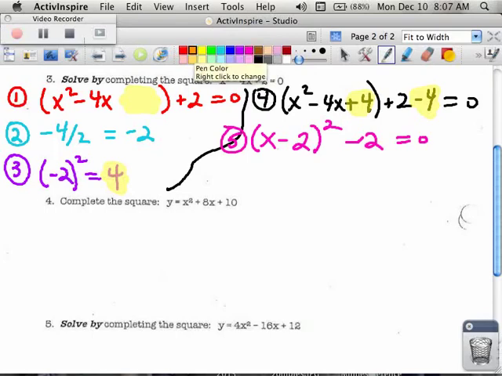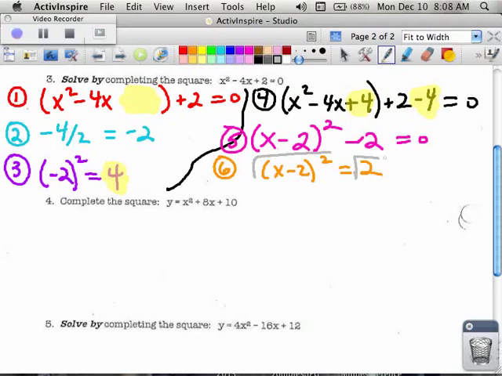Next step, step number 6, if we're going to solve it, is we're going to move the 2 that's negative to the other side. So I get x minus 2 squared equals positive 2. And oh man, I see something squared. So I have to undo the squaring, which means I square root. So I square root both sides, get rid of that square.